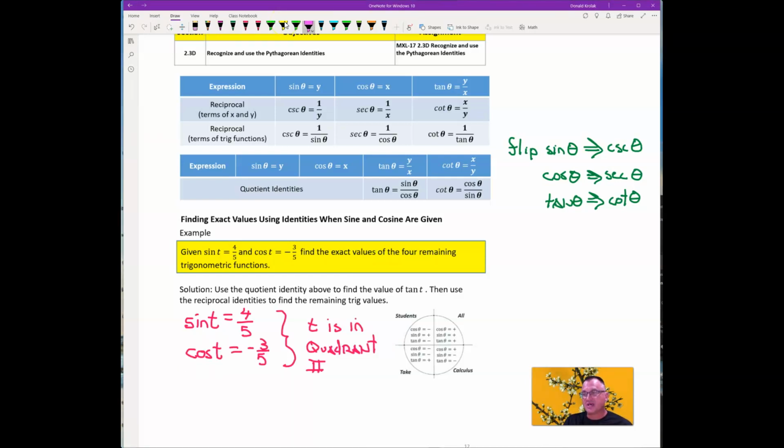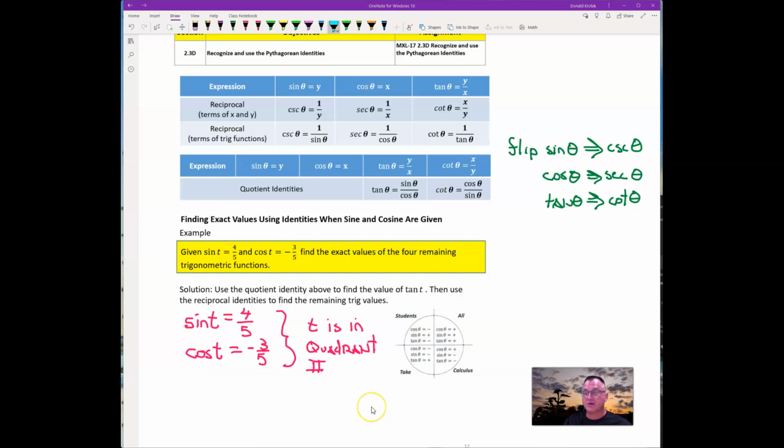You're told that sine is positive 4/5, so sine is positive in quadrant 1 and quadrant 2. Cosine though is negative, so cosine is negative in quadrant 2 and quadrant 3. So the only one that's shaded both colors is quadrant 2.